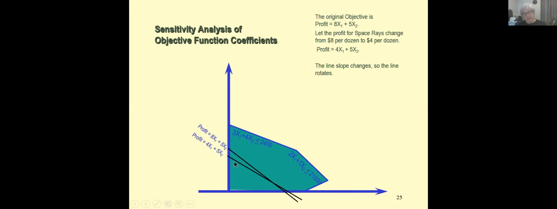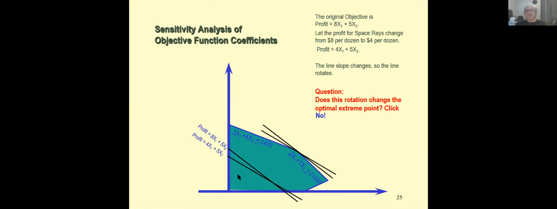So now the question becomes, is the optimal solution going to change because of this rotation? Here is the optimal solution of the original, and here is the optimal solution of the new objective function. And the answer is no. Dropping the profit per space ray by 50% does not change the optimal production plan, which seems counterintuitive.